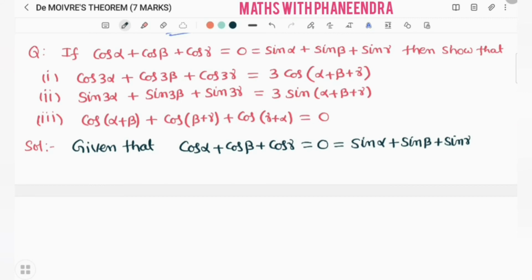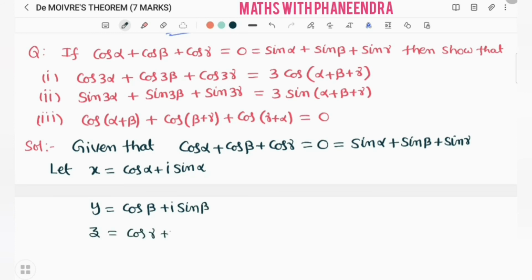Next, the values which are given: let x is equal to cos alpha plus i sin alpha, y is equal to cos beta plus i sin beta, and z is equal to cos gamma plus i sin gamma.